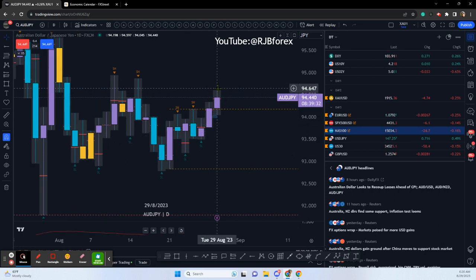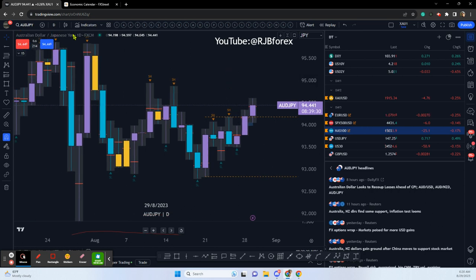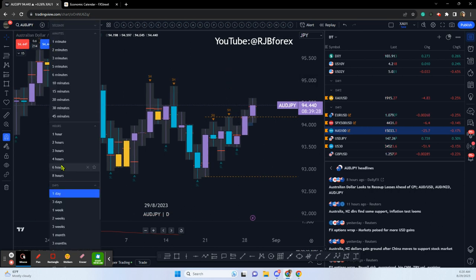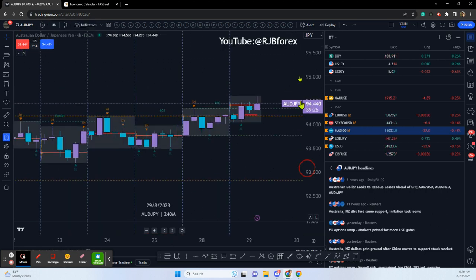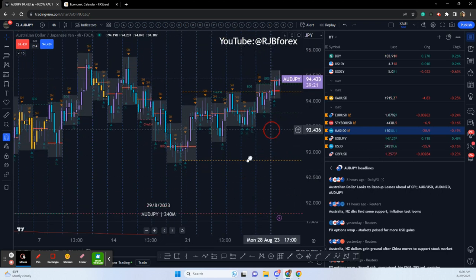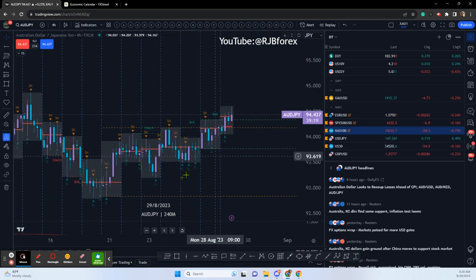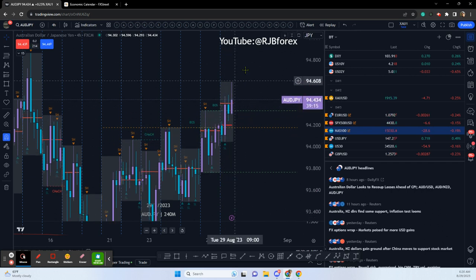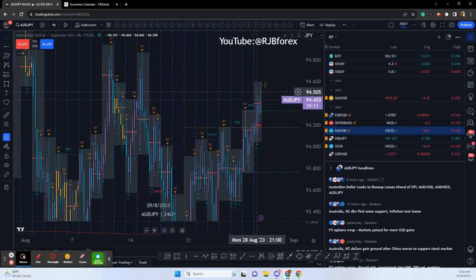Three pushes up to come down, perhaps, on the daily chart here. 4-hour chart. Front side of the bullish move. Wicks struggling to continue higher.